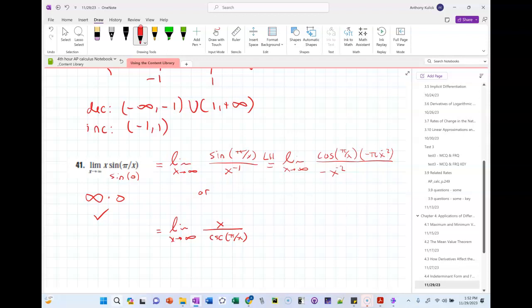Does that feel okay to you guys? If I do a direct substitution here, what am I going to get? Still indeterminate, right? Are we okay with how I got 0 over 0?